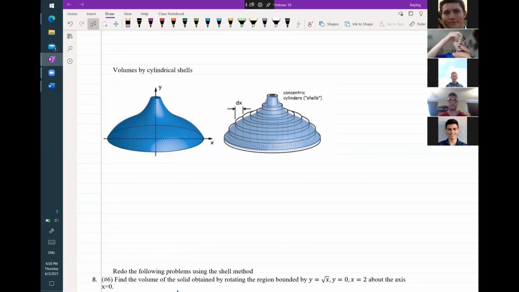You have one in the middle, then another cylindrical shape outside, and another one outside that. Each of these cylindrical shapes is what we call a shell. You piece those together, and that gives you the solid. We're going to talk about it next time, introducing the 2 pi thing and the different boundaries.